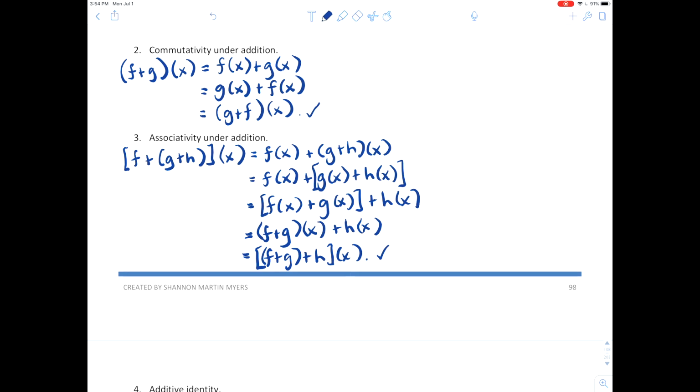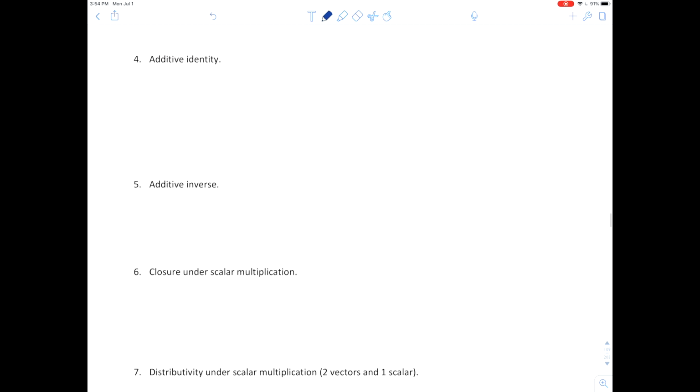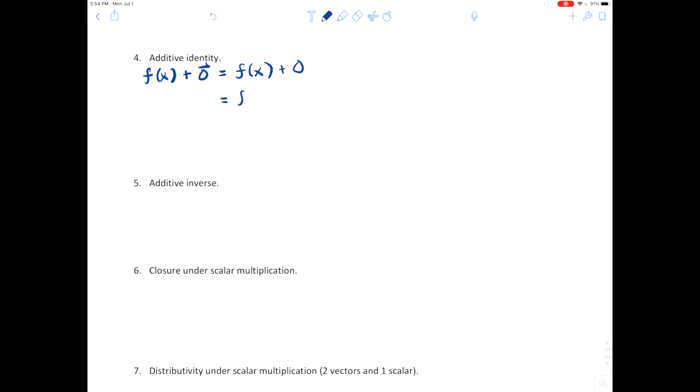Good, good. All right, so additive identity. Well, if we take our f at x plus the 0 vector for the set of continuous functions, that's going to equal f at x plus 0. And what is that? Beautiful, f of x. So we've shown that one. How about additive inverse?